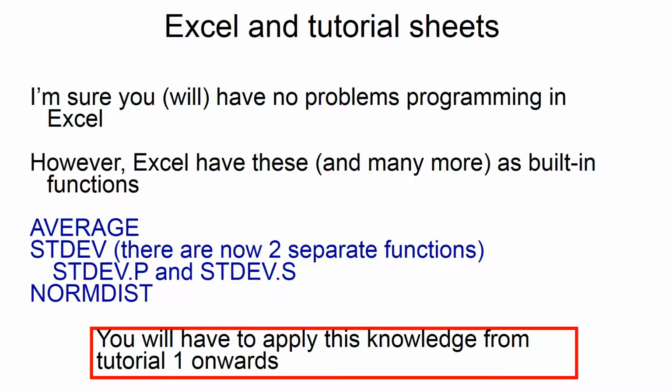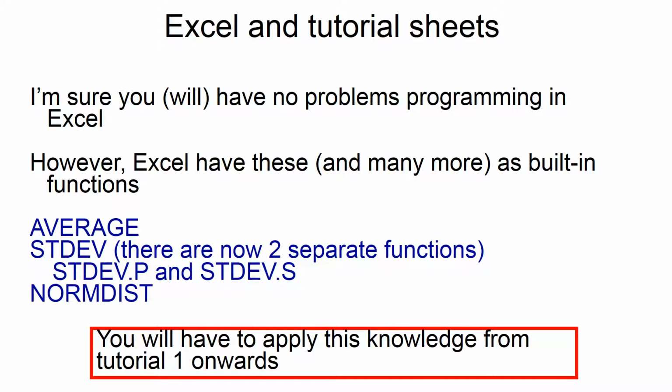There's STDEV.P, which, if you're measuring the whole population of something, gives you the population standard deviation of everything because you're giving it everything. But if you only have a sample of the whole population, you should use STDEV.S, and that uses that unbiased formula.